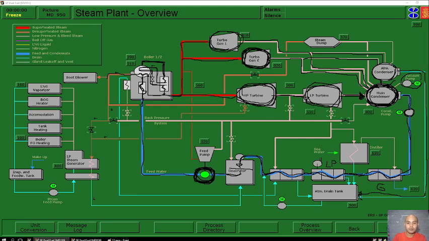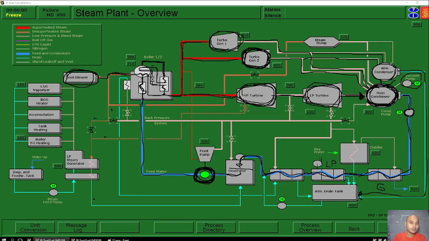Okay, now so we're done with the main steam line or the superheated steam line. So we will go now to the superheated steam. So this one. So we can use the superheated steam for our soot blowers. So if you have two boilers, so you also have two soot blowers.